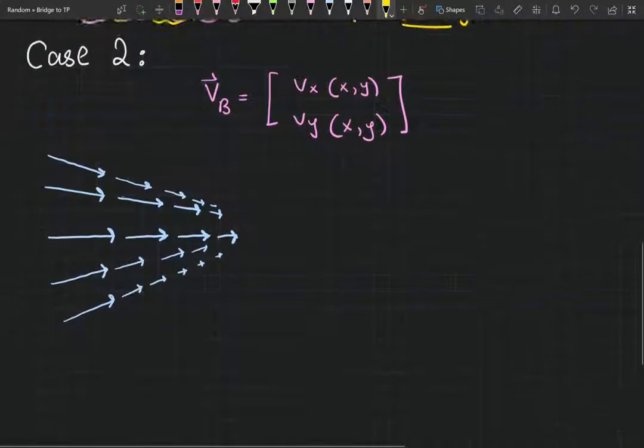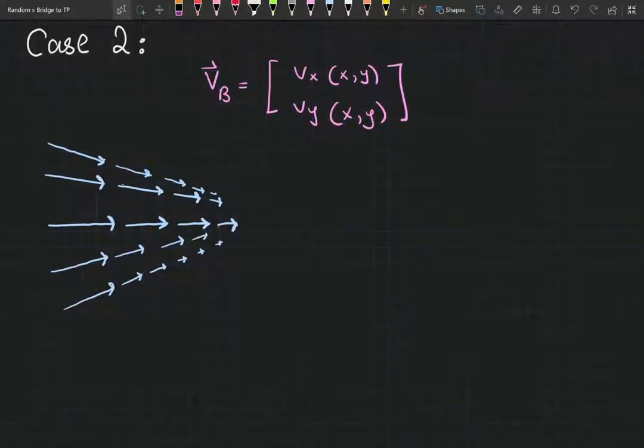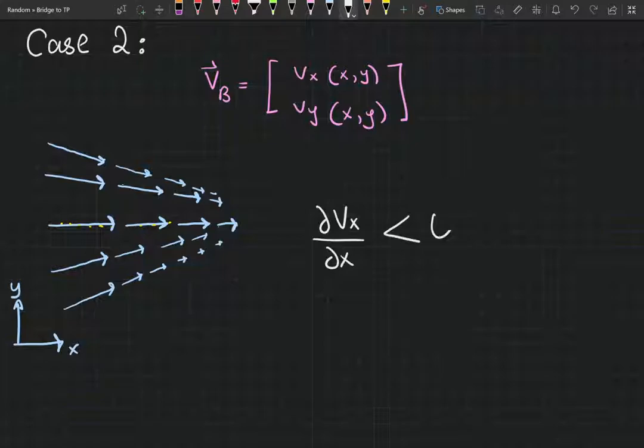Next up, we have another extreme. Let me just give it the coordinates as well, x and y, the positive x and positive y. Now see what happens as we move in the positive x direction. The arrows are getting smaller and smaller, which means that the change in horizontal velocity with respect to x is negative.